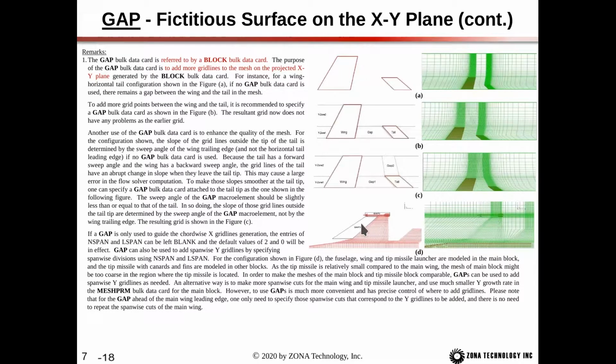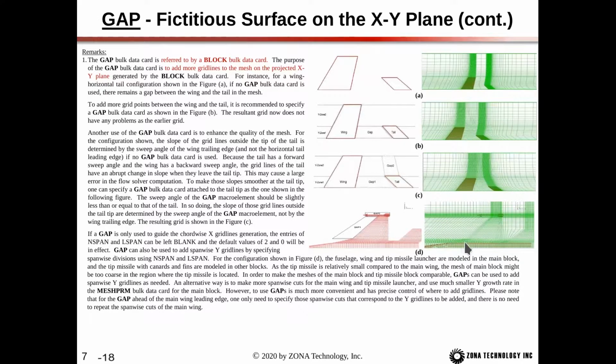Now if we use a gap card, then we can ensure that the grid lines from the body and the grid lines from the launcher perfectly line up with one another, because we can make sure that the first grid line ahead of the wing coming from the body will then connect to the first grid line coming out from the launcher ahead of the wing.